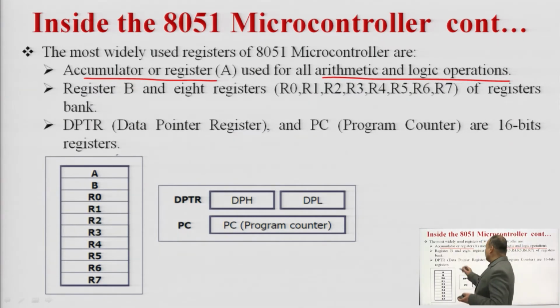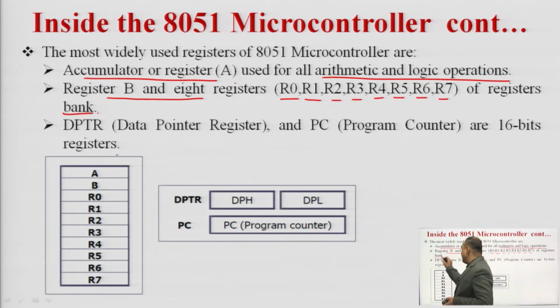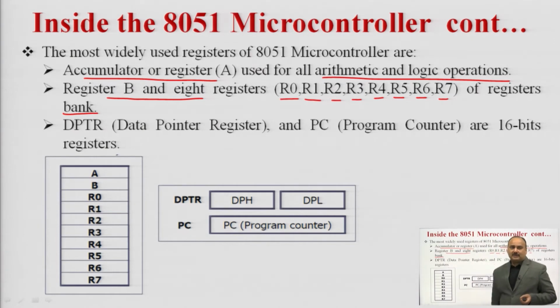Next is register B, which is an 8-bit register.